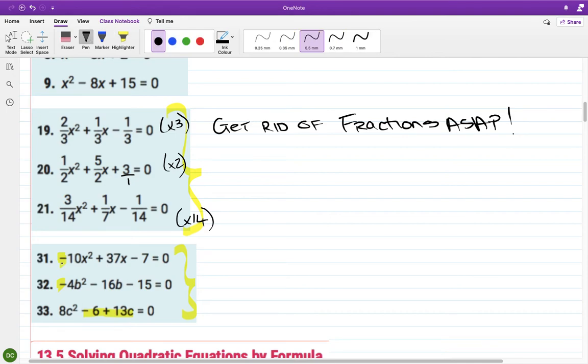So if you have a minus that you don't want, all you do is change all signs. Okay? Once you change all the signs, it's fine. Okay, so your minus 10x squared will become a plus 10x squared. Your plus 37 will become a minus 37. Your minus 7 will become a 7. And your 0, it doesn't matter if you change the sign because 0 doesn't have a sign. So once you change absolutely all of the signs, it's fine.